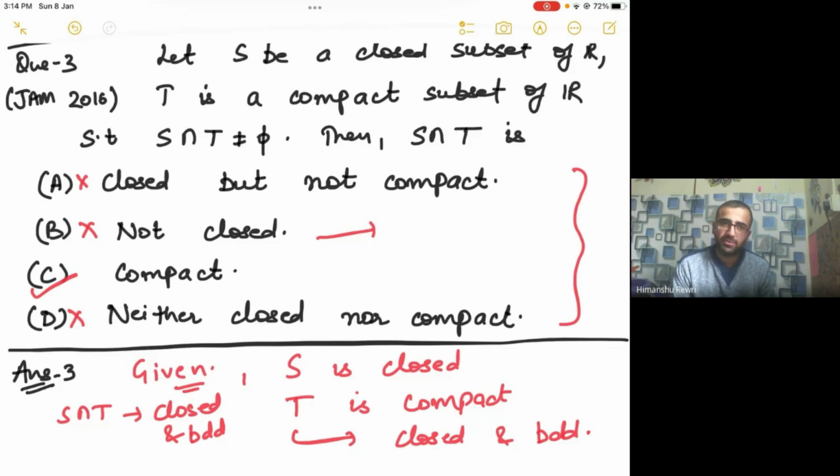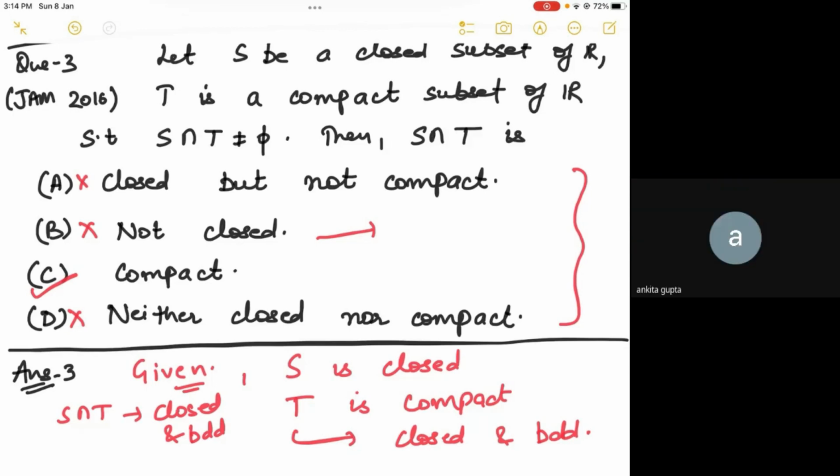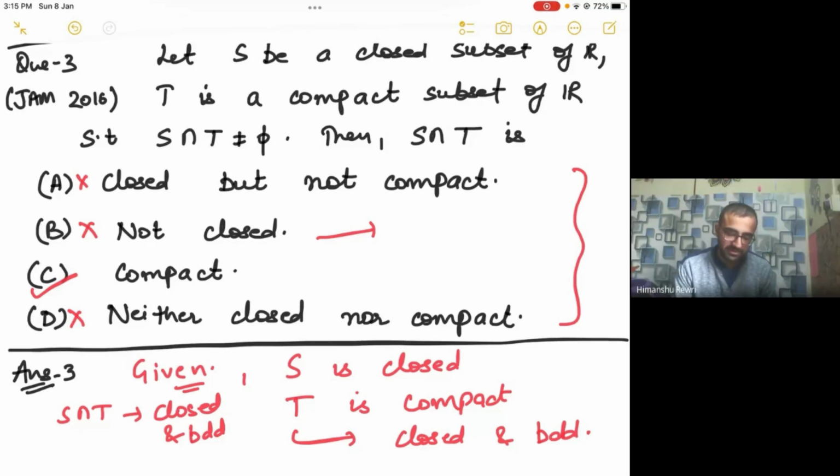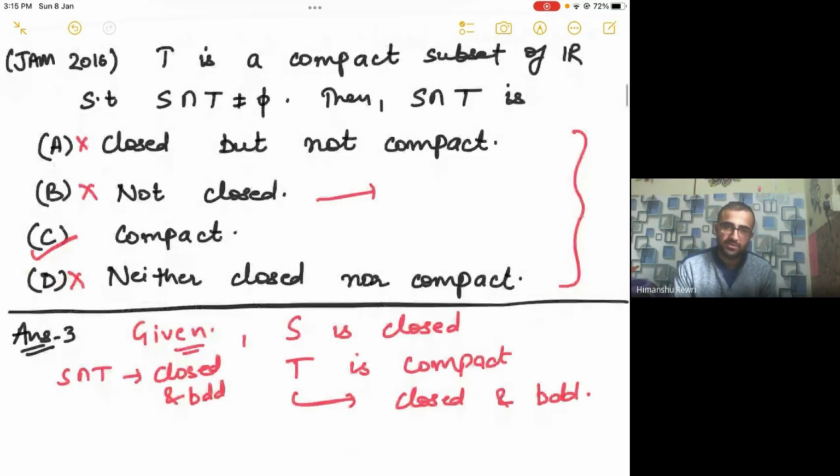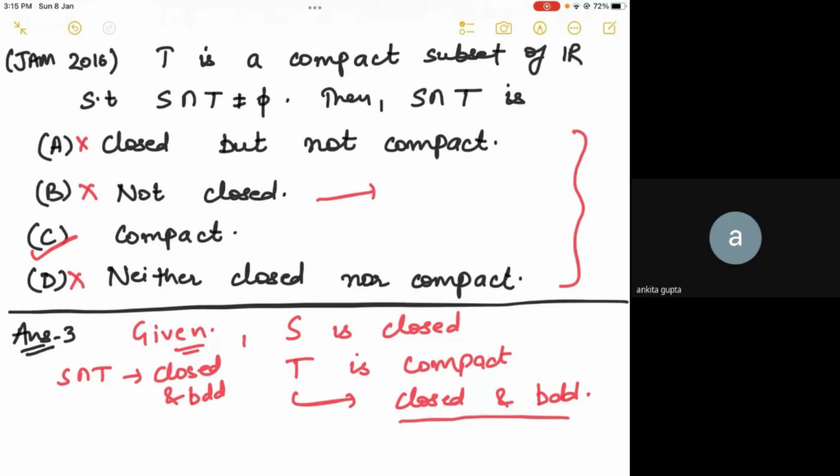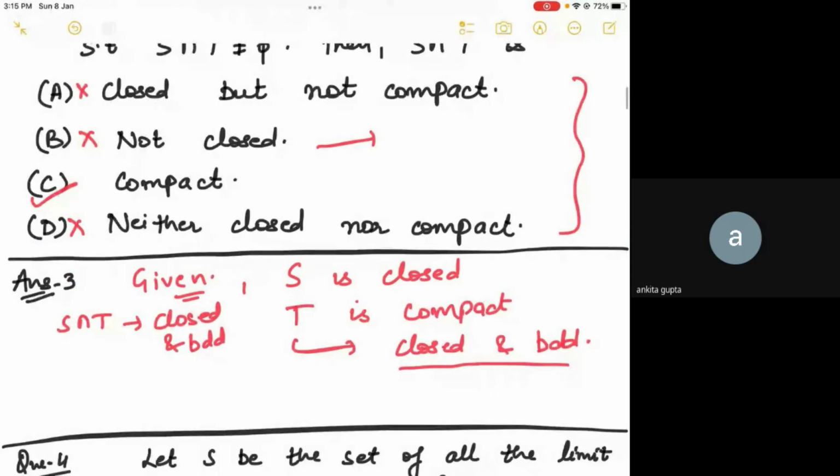S may be unbounded. But you say that S intersection T is closed and bounded, because we are given T is a compact subset of R. So that means T is closed and bounded. But it also means that S is also closed and bounded, when you take S intersection T is closed and bounded.